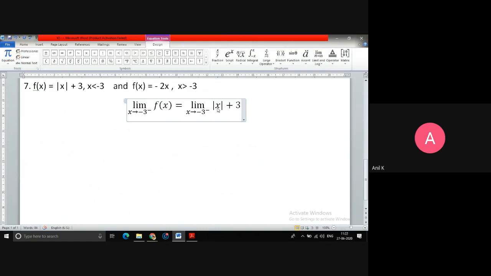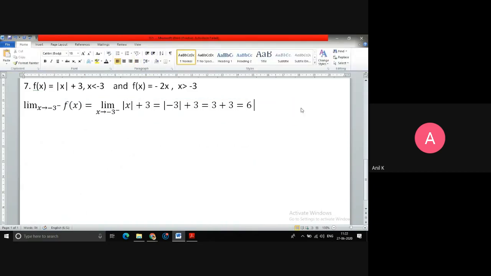Now if I substitute minus 3 here, it will come mod of minus 3 plus 3, because x value here is going to be minus 3. So substitute minus 3 in place of x, it will come mod of minus 3, and this plus 3 will remain as it is. Now what happens here? Mod of minus 3 is going to be 3 only, plus 3. So 3 plus 3 equals 6. This is what I got as the left limit value.